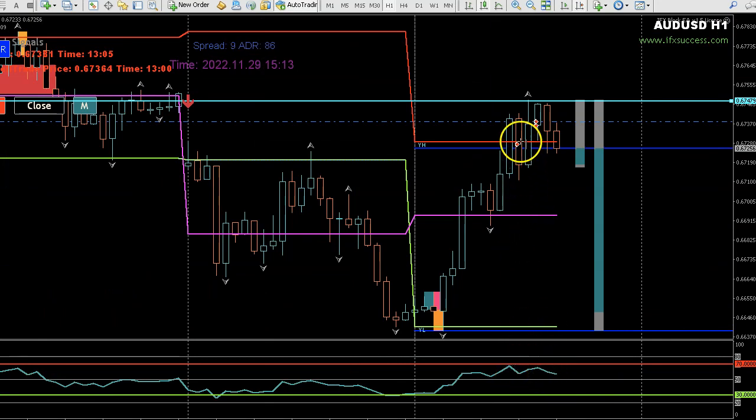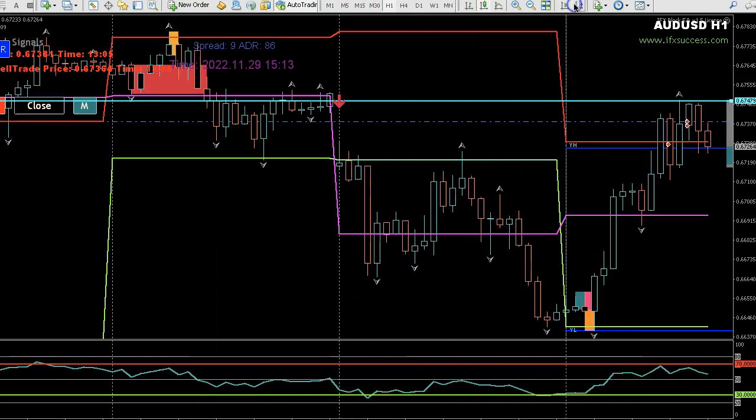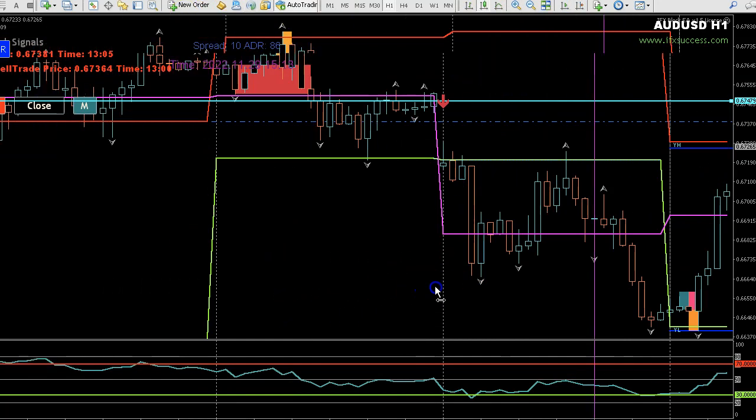That was the case for both of the entries going on right now. So pretty much if you go to 1 hour, all you want to do is trade inside your 70 and 30.